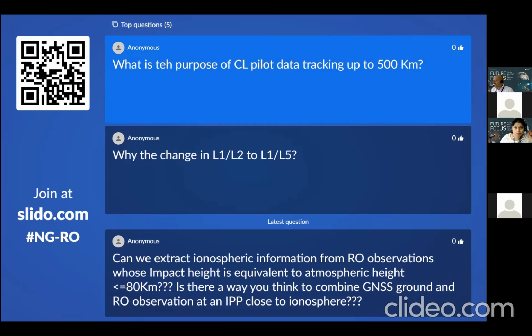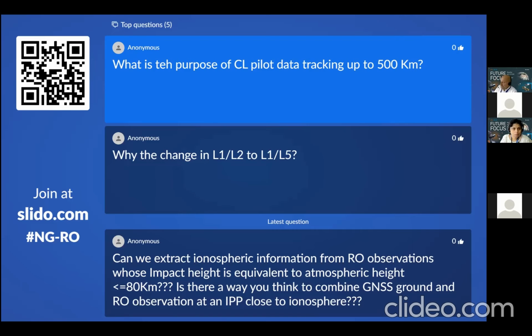We have only the pilot data because we need to save space in the channel that is used to download the data from the satellite. But it is enough because the signal to noise ratio induced by the antenna is enough to track the pilot signal and the two frequencies inside the pilot signals up to 500 kilometers.